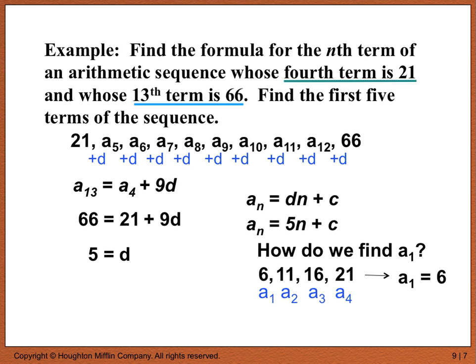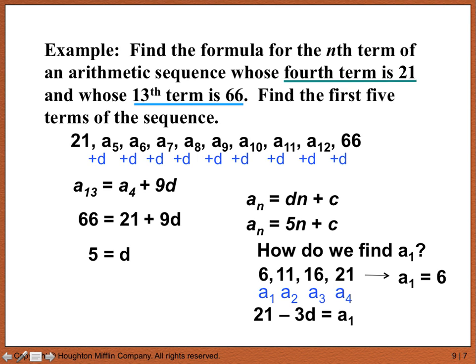So a1 equals 6. The short way to do this is just to set up the equation 21 minus 3d equals a sub 1. And again, I get this 3 because I know that there are 3 jumps from the fourth term to the first, since 4 minus 1 is 3. And I can see that visually here. You know, a4 to a3, that's 1 jump. So follow the arrow, I get 1 jump, 2 jumps, 3 jumps.